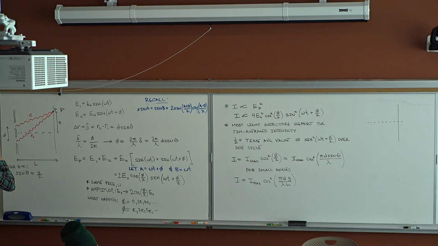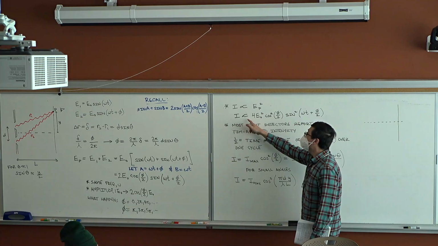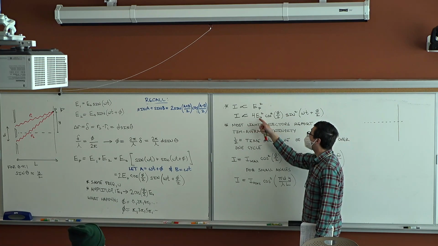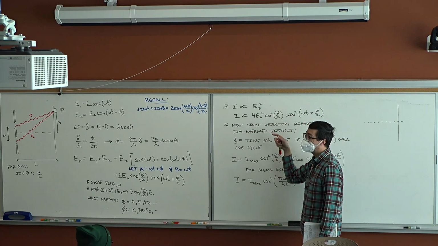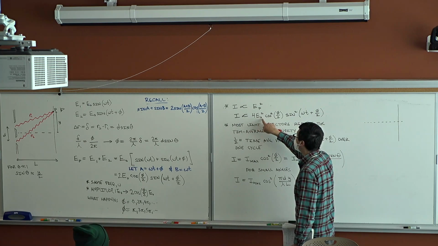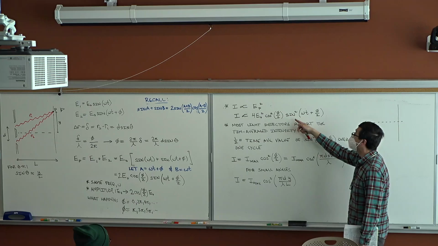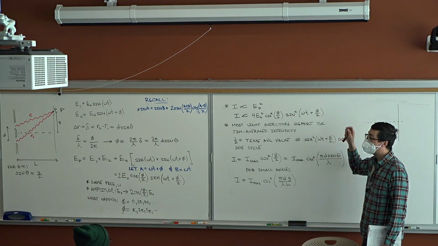What is I max in the last equation? Note that I told you here that the intensity is proportional to this. It's not exactly E naught squared cosine squared b over 2 times this varying piece.